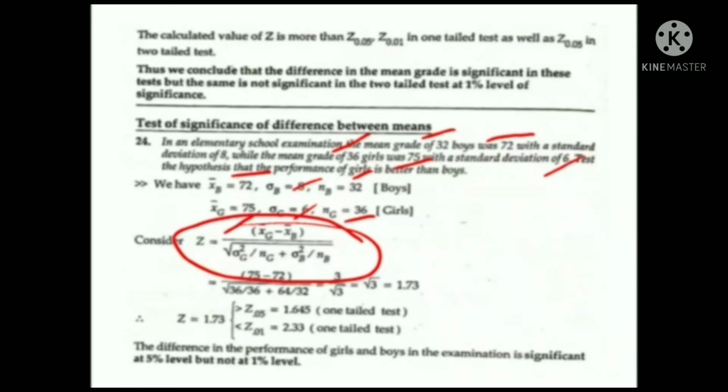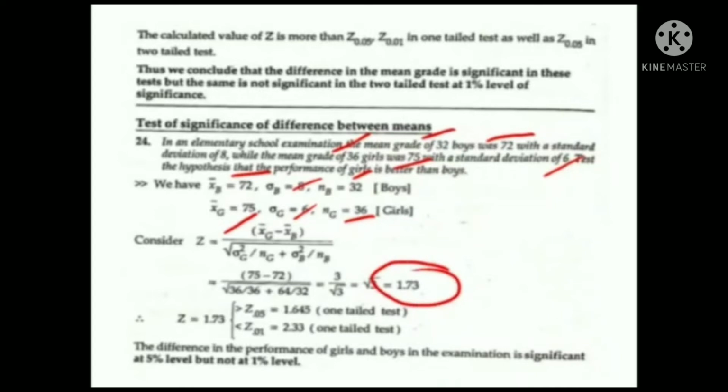That makes not much difference. Substitute all the values here and simplify, and then we get the Z value. How much is the Z value that we are getting here? Please use your calculator appropriately. Don't make any human errors. After final simplification, the final Z value is 1.73.